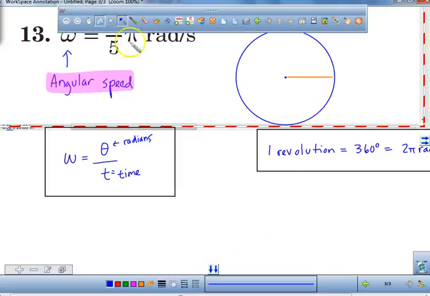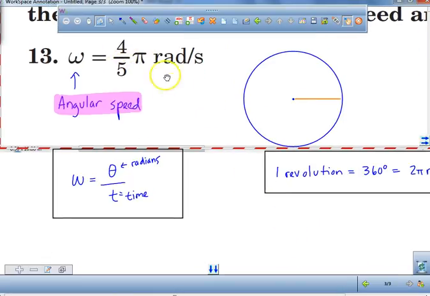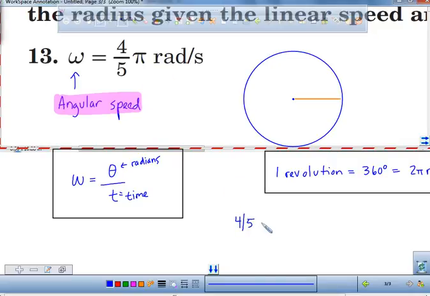So right now, it's kind of hard for you guys to picture 4 fifths pi radians per second. So I want you guys to write that down. 4 fifths times pi radians over 1 second. Right? So what would that be?